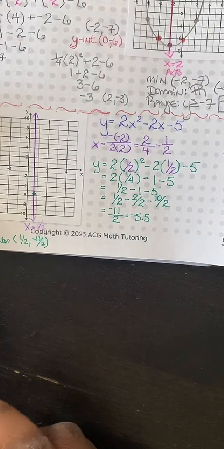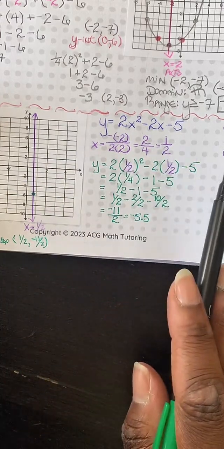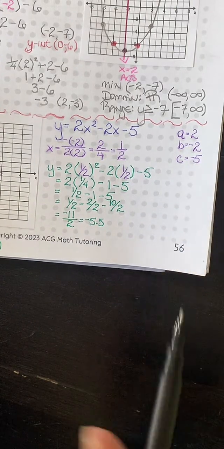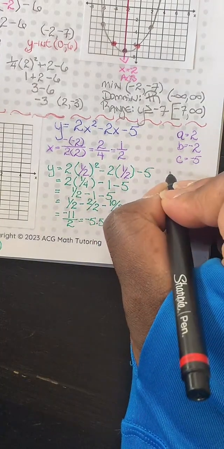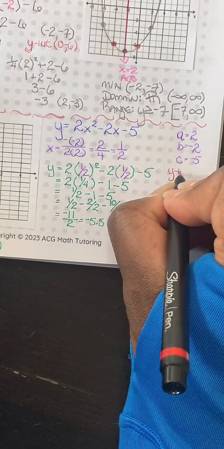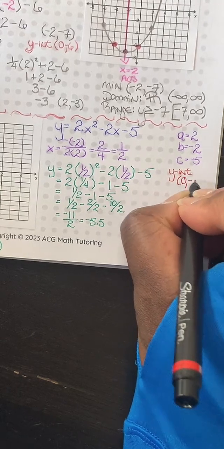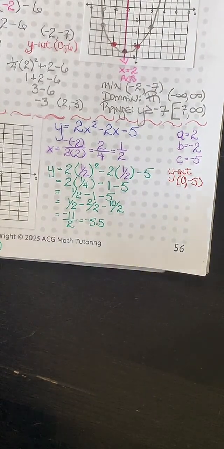So now we need our y-intercept, which I'm going to go all the way over to my c. And my c was -5. So that means my y-intercept is going to be 0, -5.